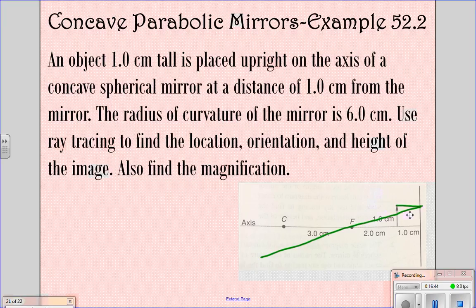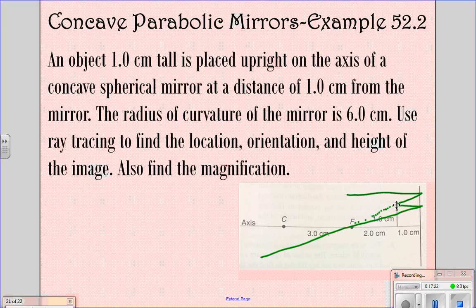And then the other one is going to go through the focus and then parallel to the axis. And if we went this way, we would never actually hit the mirror. So we go through the focus, we come up this way. I'm going to do a little dotted line, come up this way to the top of the object. And so then we keep going and we hit the mirror and we go parallel.